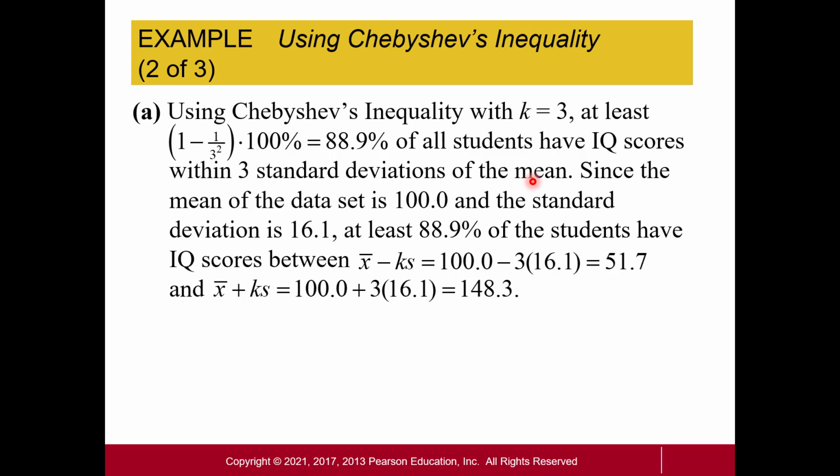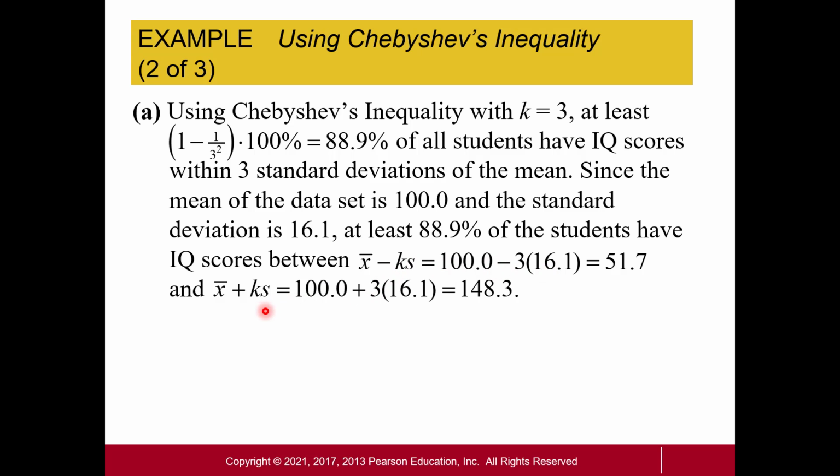If you want to get those in scores, because right now it's just saying standard deviations, then we know that the mean was 100 and the standard deviation was 16.1. We're talking about 3 standard deviations, so we take our mean minus 3 times our standard deviation, and our low score end is 51.7.